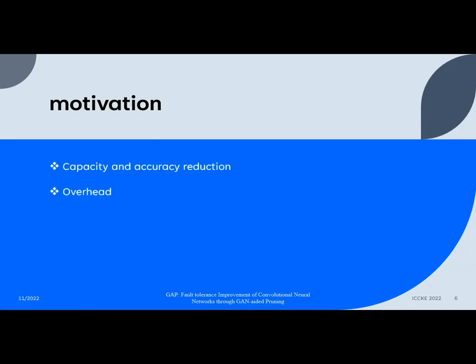Most of the introduced techniques incur overhead on the system, or they reduce the capacity of neural networks and cause accuracy reduction.